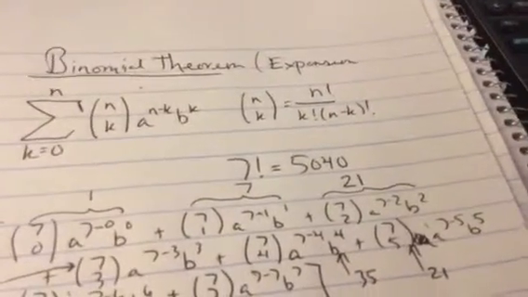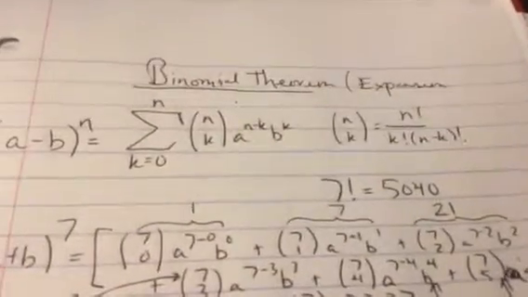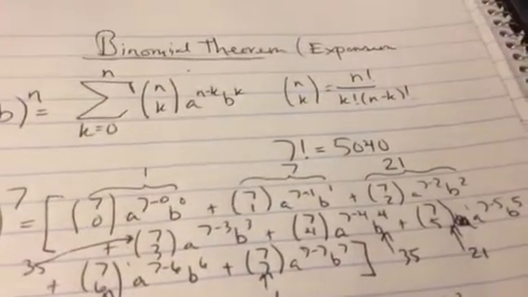It goes all the way back, times all of those numbers, and it is very helpful in things like this. So n choose k is referring to this formula right here.